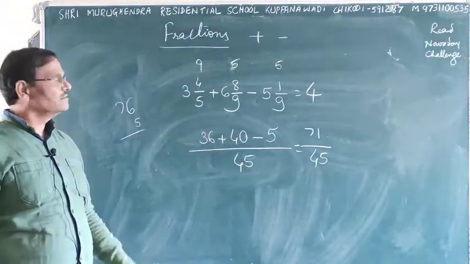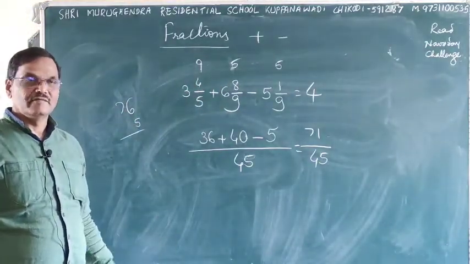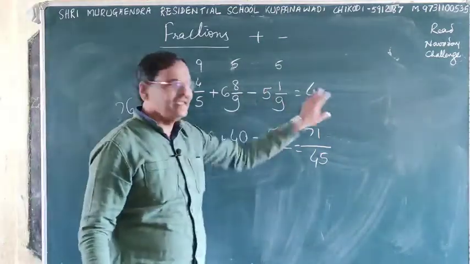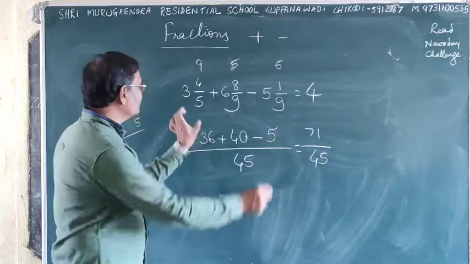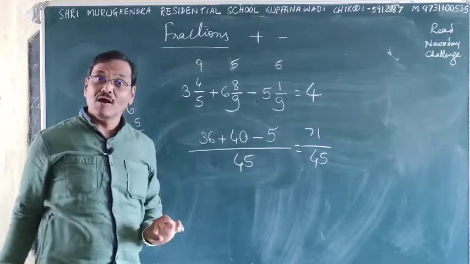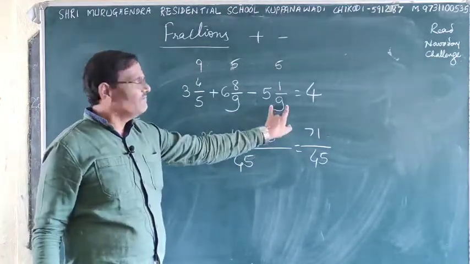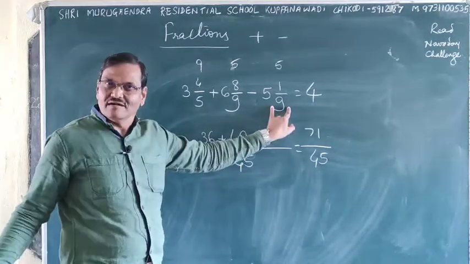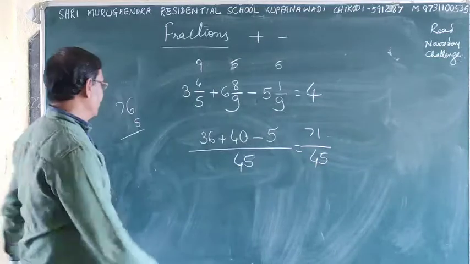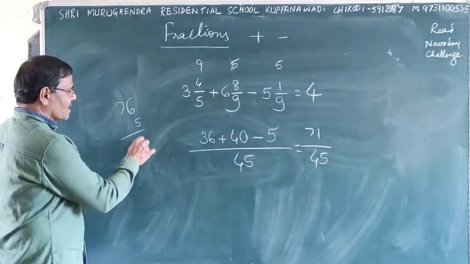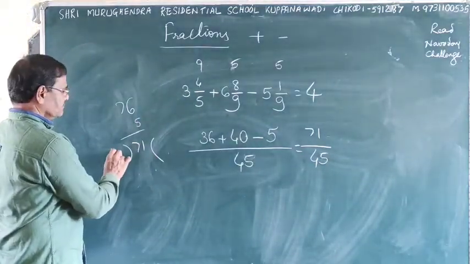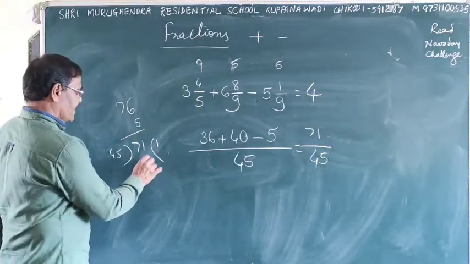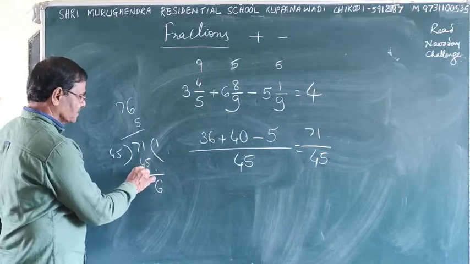Then what is it? Whether we have to subtract or add here? We have to add here, because these two are big, more than 1, and we are reducing a very small one. So it remained. Then 45 2s are what? 90 it is. 1 is 45. What remains? 6.